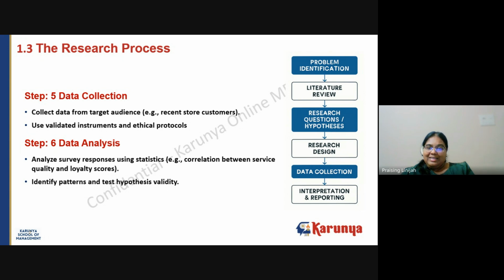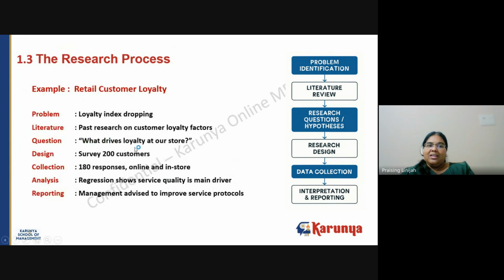Moving to the next important phase, in relevance to this example, let's do a recap. The problem identified is the loyalty index dropping. Then the literature is the past research on customer loyalty factors, or the contribution by previous authors or studies.